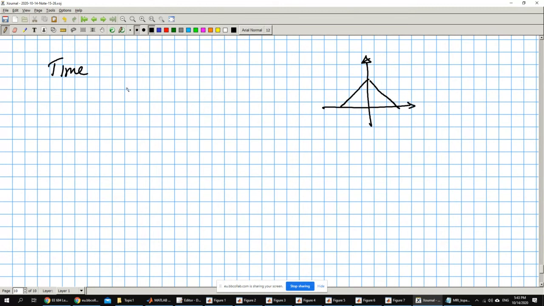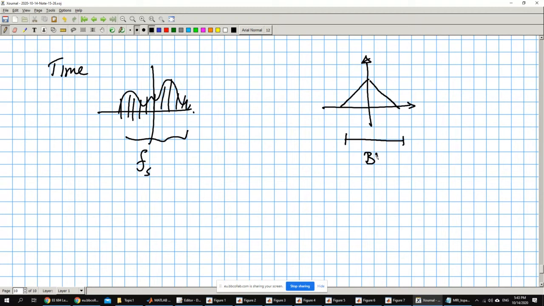If I sample this signal by Fs, this Fs will determine the bandwidth here. You remember?